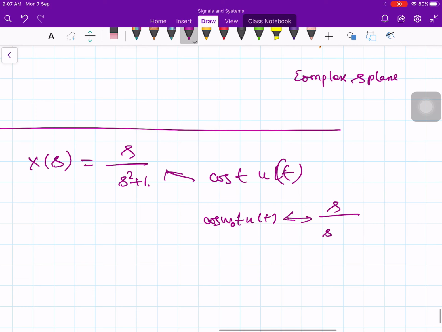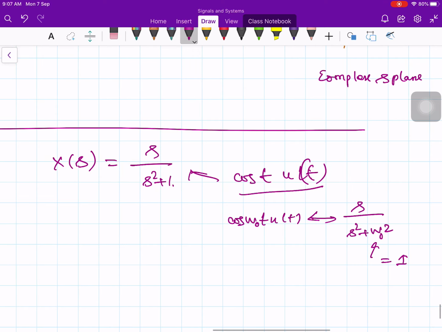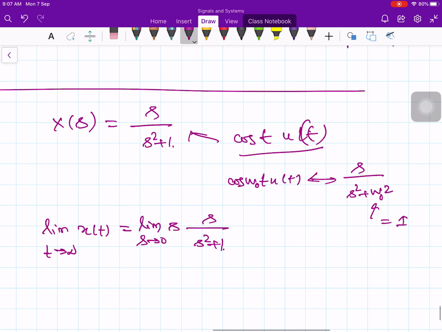Now omega naught squared is equal to 1, that is why I wrote cos t times u of t. To apply the final value theorem, you must multiply this by s first. So this is s squared divided by s squared plus 1.